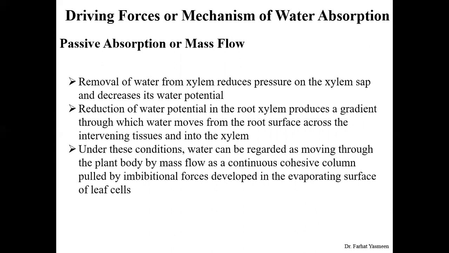So in this case, the root is merely acting as the absorbing surface, and there is no other role of the root in the case of passive absorption or mass flow. While in the case of active absorption, the root has an important role, because the root basically determines whether water will move in or not.